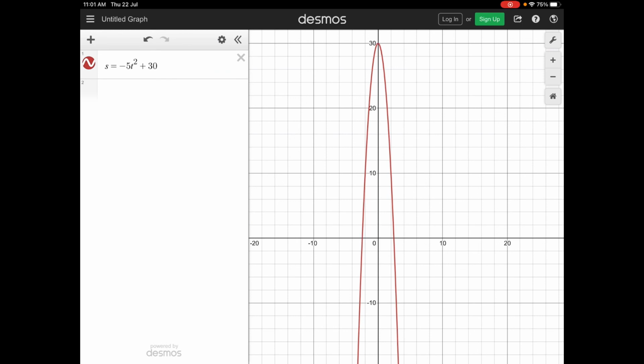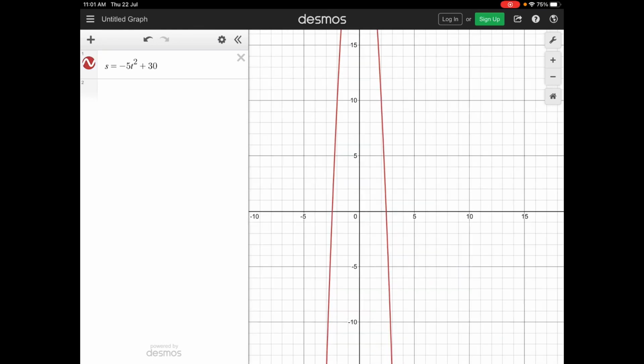Now I can see that my starting displacement, because this is a visual representation of what the ball displacement is for every second in time, starts at 30 meters above the ground, and its displacement decreases as it falls towards the ground, ending where it collides. If we really want to, on Desmos we can pinpoint that location.